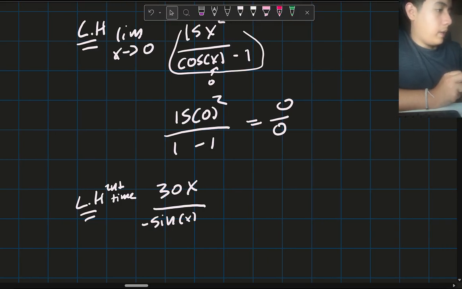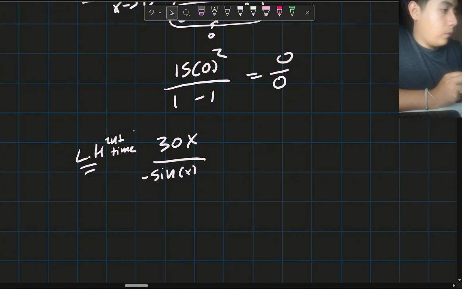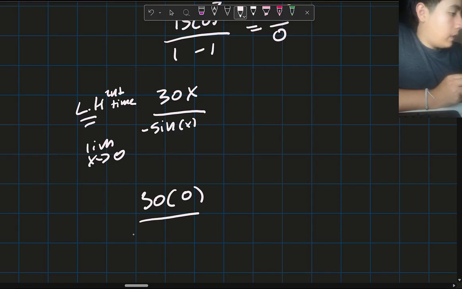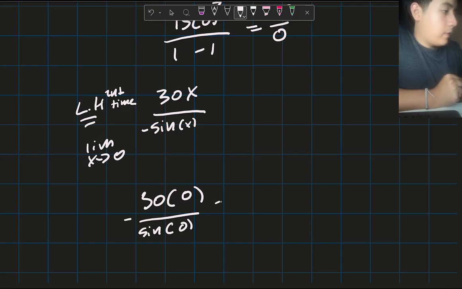Okay, applying our, oops, I almost forgot my limit. There you go. Applying our limit again will give us 30 times 0 over negative sine of 0, and this will give us 0 over 0 once again.